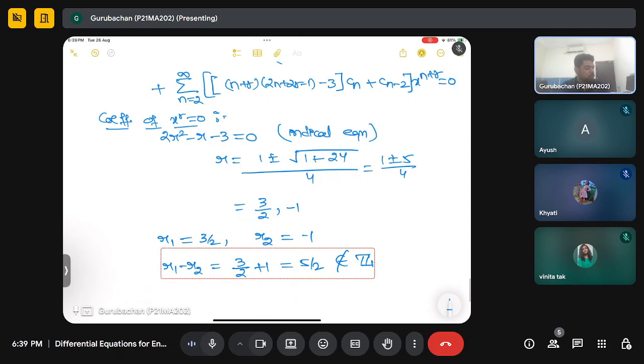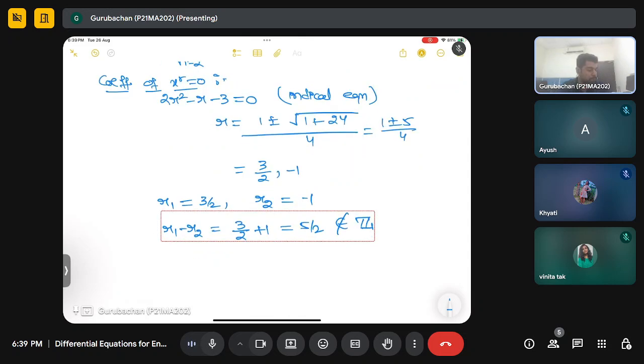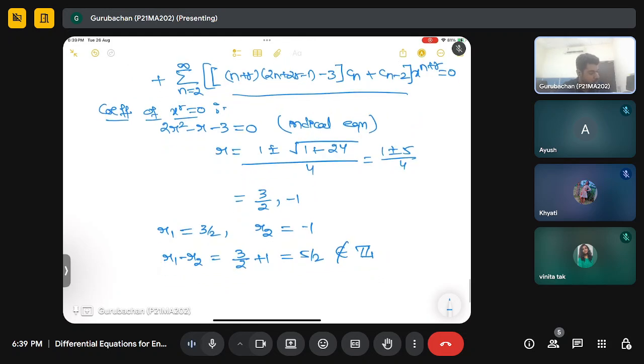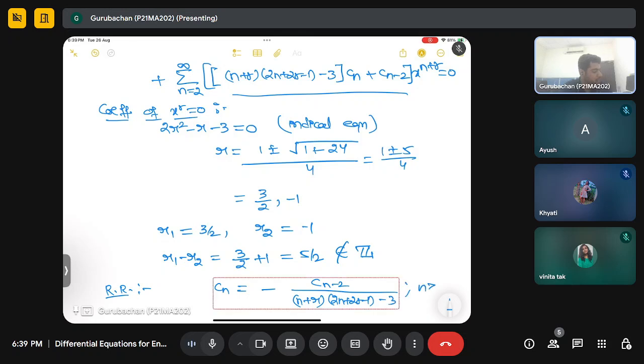So we will take the help of the recurrence relation that is given in this equation. I'm writing it in short form. This will be c_n equal to c_(n minus 2) divided by (n plus r)(2n plus 2r minus 1) minus 3, and this relation will be valid for n greater than or equal to 2.